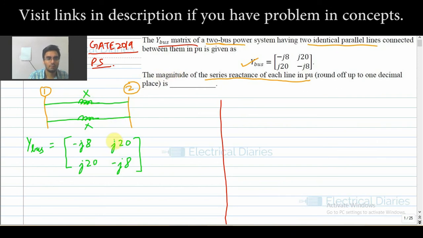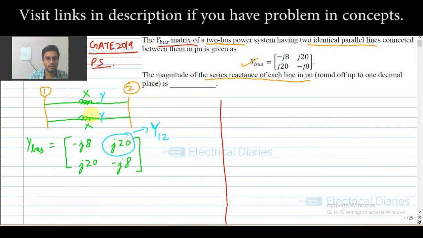So see, now I hope you know the concept of Y bus matrix. So this element is Y12. It means it is the admittance of all the elements connected between 1 and 2. So let us say the admittance of this line is y and this line is y.